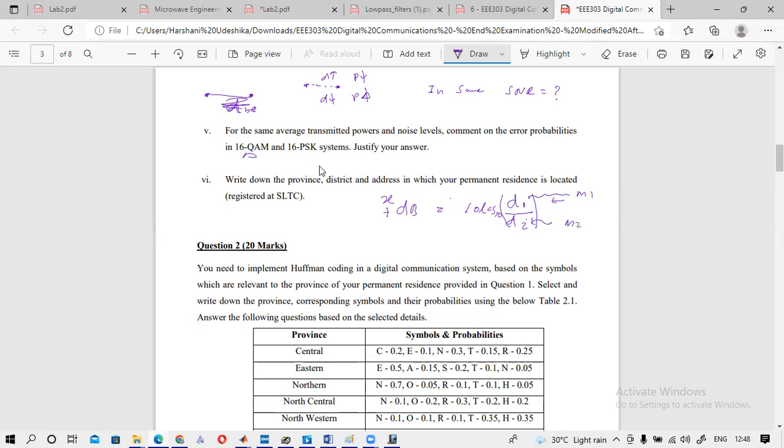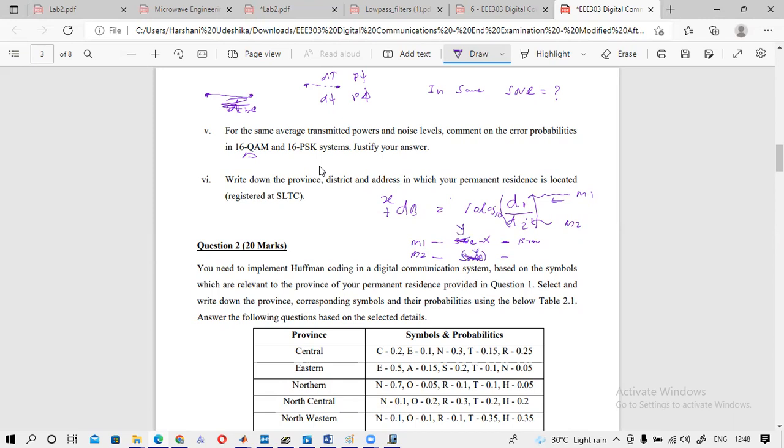M1 has some SNR value minus x, and it has some error probability. The same error probability will occur in M2 if it has an SNR value of some dB, say y.